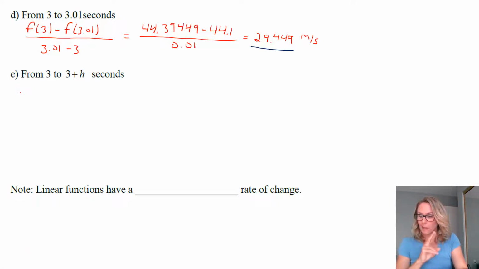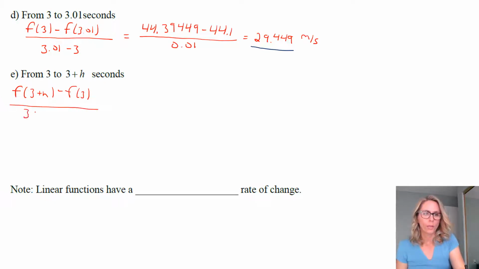I'm going to do E together, but I want you to see that it is simply the difference quotient. It's a version of the difference quotient because we're doing f of 3 plus h minus f of 3 over 3 plus h minus 3. So you might recognize this.